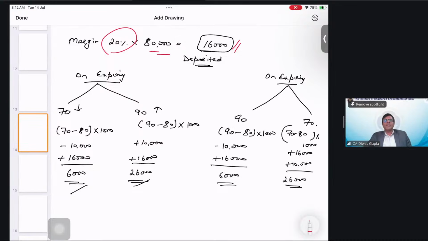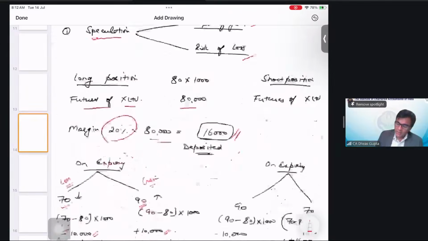Now on expiry, what happens, students? On expiry, there can be different possibilities. Let's take a couple of possibilities, one where the price is lower, one where the price is higher. Now if the price is lower, at 70 rupees, the person who has taken a long position will lose, and if the price is actually 90, which is higher, the person who has taken a long position will gain. So here there will be a gain of plus 10,000, here there will be a loss of minus 10,000, and 16,000 is already the margin that is there.